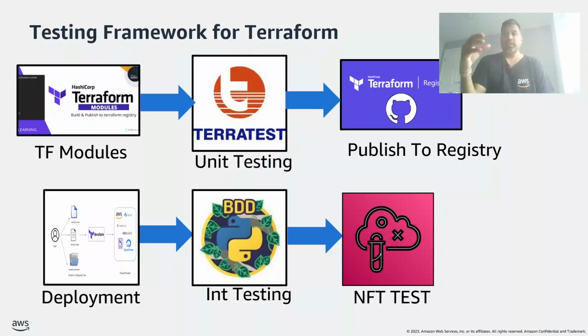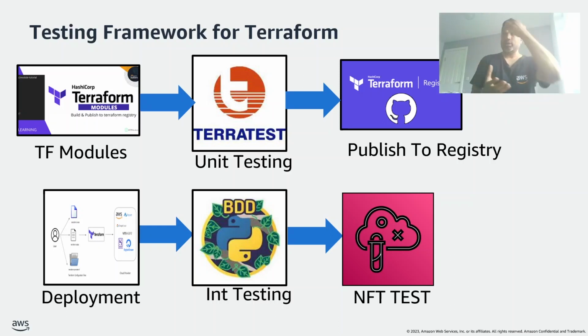When we look at the standard life cycle of provisioning, every one of us would have gone through this life cycle at some stage. We would have some kind of requirement for which we would construct a module or a set of modules which would deliver a set of functionality.